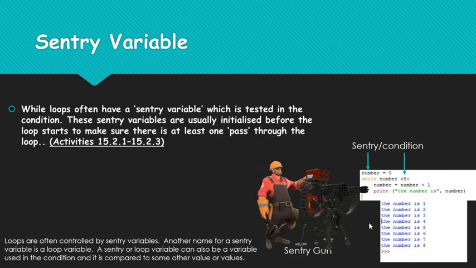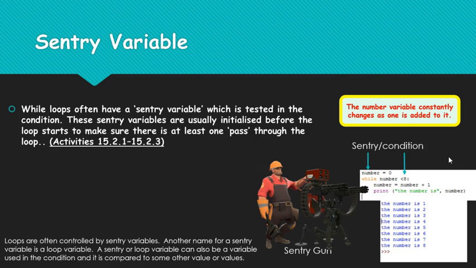These sentry variables are usually initialized before the loop starts to make sure that there is at least one pass through the loop. Normally it's the count variable that we sometimes use, or it might be something else. Have a go at the activities 15.2.1 up to 2.3.